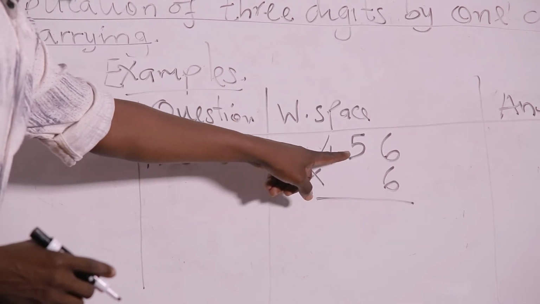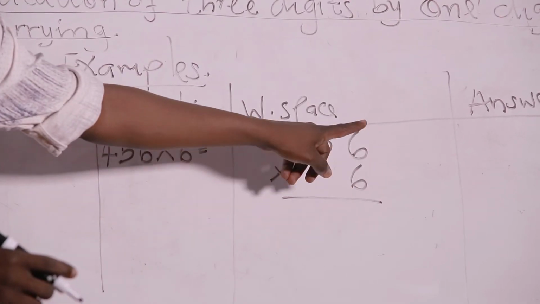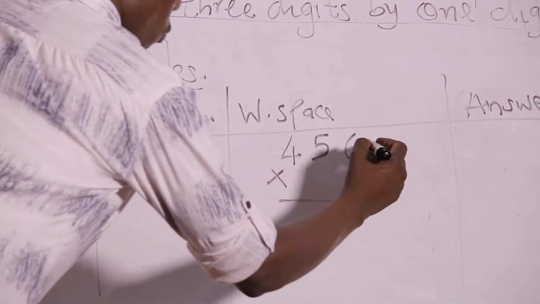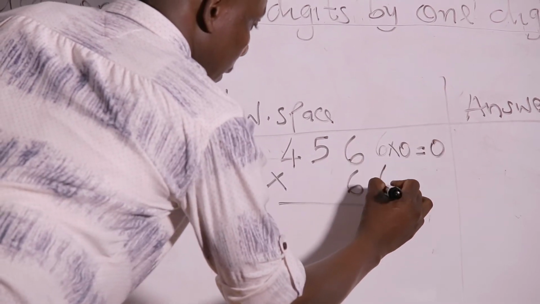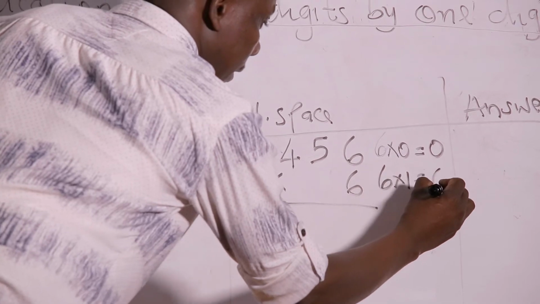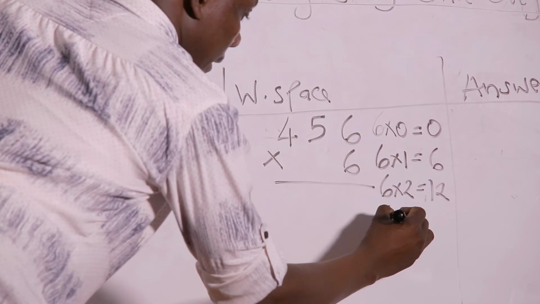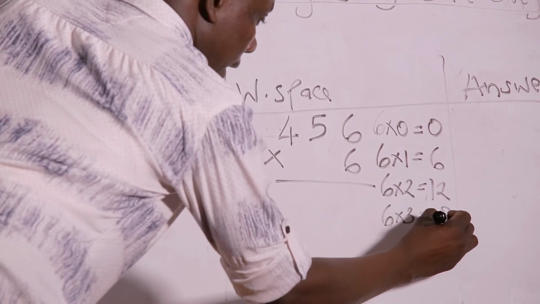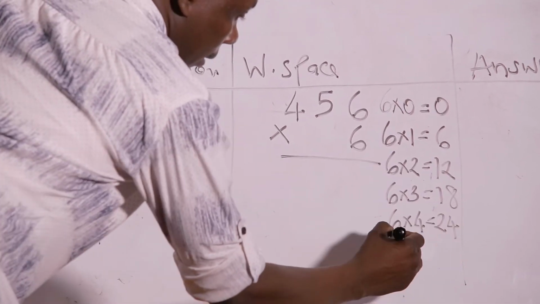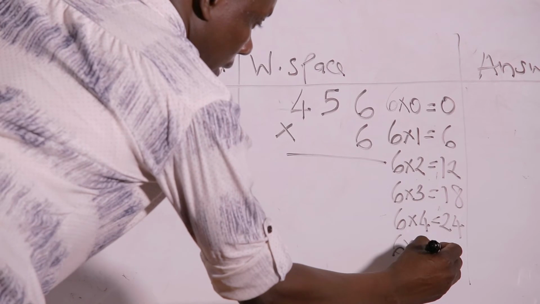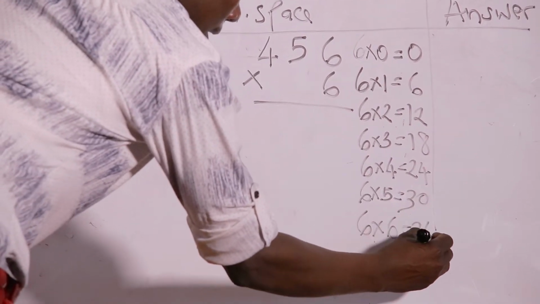You have to make your table 6 until you get the highest number here. Remember, we have digit 4, digit 5, digit 6. So you make your table 6 up to number 6. 6 multiplied by 0, you get 0. 6 multiplied by 1, you get 6. 6 multiplied by 2, you get 12. 6 multiplied by 3, you get 18. 6 multiplied by 4, you get 24. 6 multiplied by 5, you get 30. 6 multiplied by 6, you get 36.